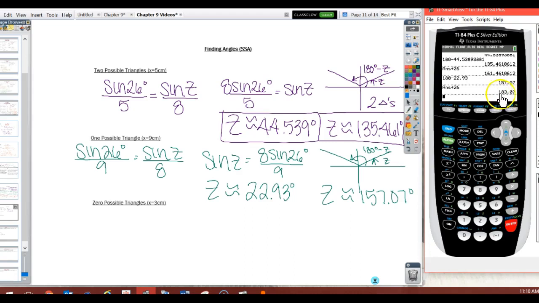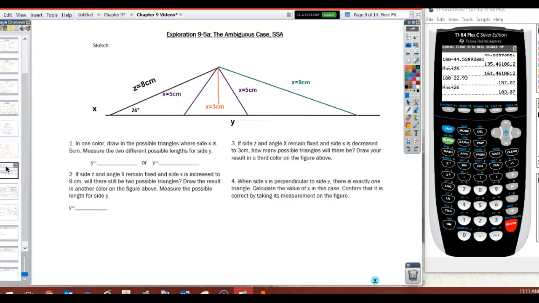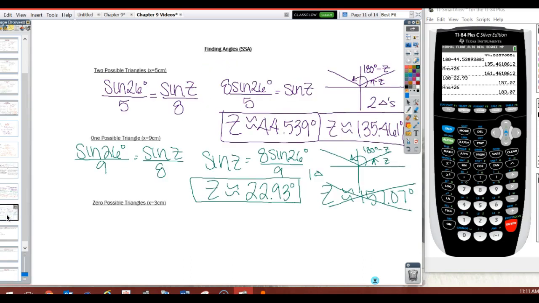And when I do that, I get 183 degrees. That's already over 180, so we're going to reject this answer. This would be the only possible angle for angle z, which verifies that there's one possible triangle. Again, you could look back to this picture, and that does verify with what we know. This angle is absolutely acute. Angle y is going to have to be the larger one, the obtuse angle. So we know one possible triangle.